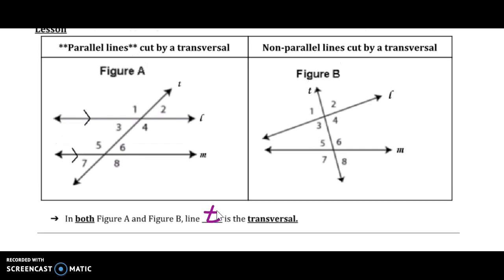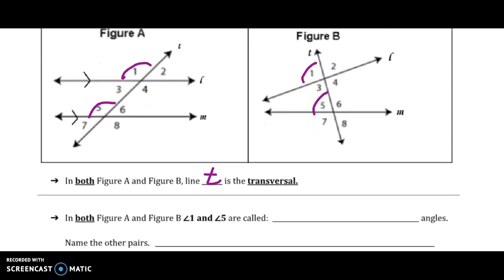Okay, in Figure A and B, angle 1 and angle 5 are called corresponding angles. So this is a little bit of review. We did this at the end of the last unit.